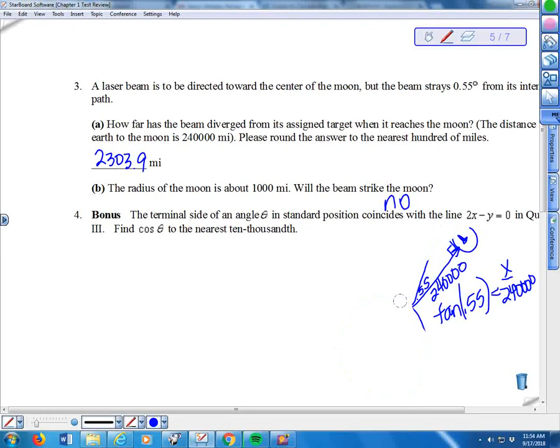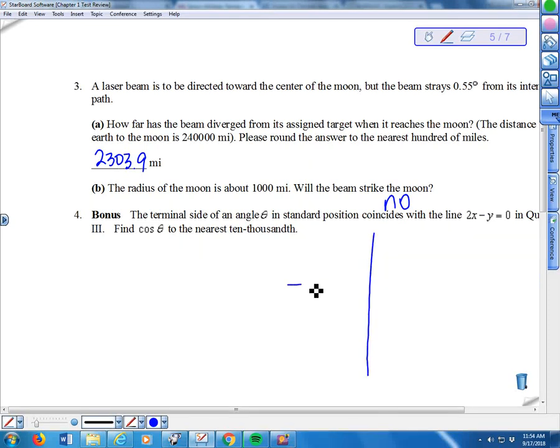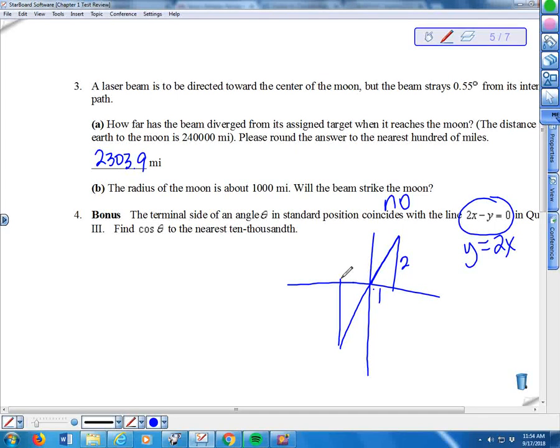And then the bonus. So I can take this equation and make it y equals 2x. Does everybody see that? I just add y to both sides. So y equals 2x has got a slope of 2 to 1, right? So it's going up 2 over 1. But this tells me it's in the third quadrant, so it's going to go down 2 over 1 in the third quadrant.